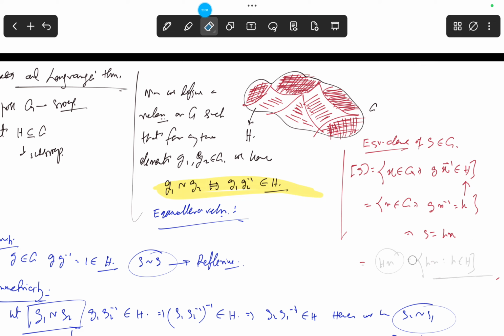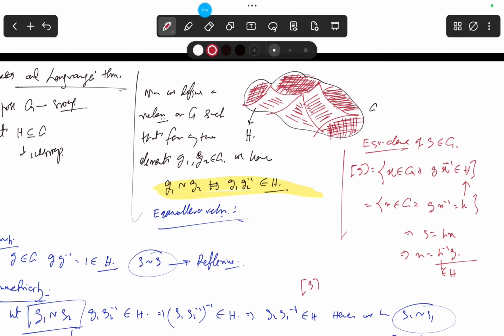I need to characterize small x. So instead of writing in terms of g, let us write x as h inverse g, so that small h inverse belongs to capital H for some h.